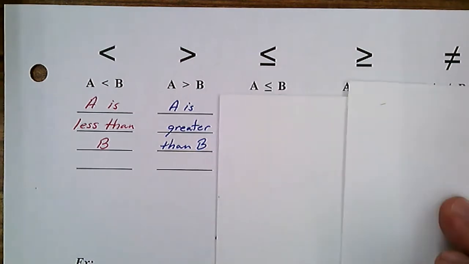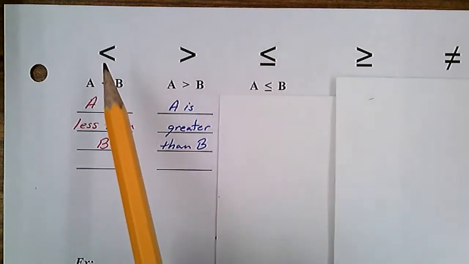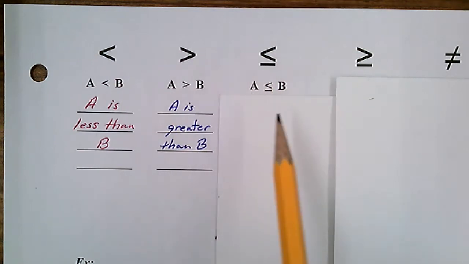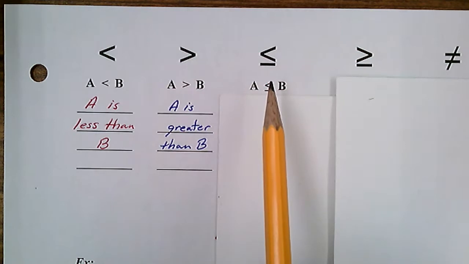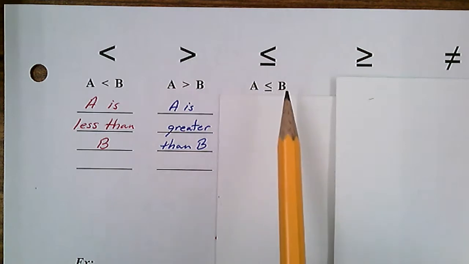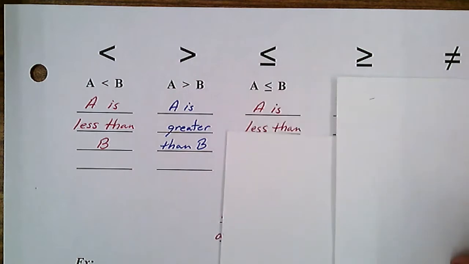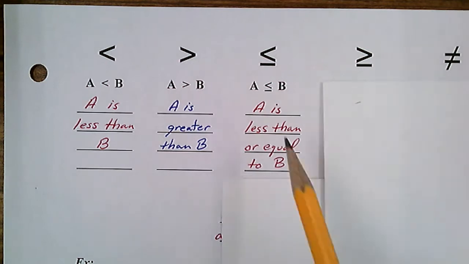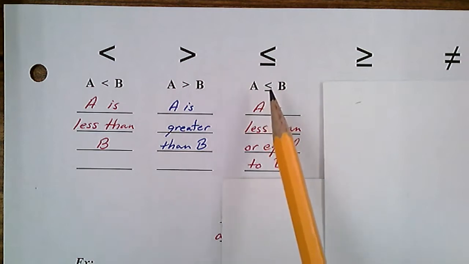On this one, now a little bit different. This one kind of looks like this guy, but we have a little equal sign underneath. So this one's a little bit more sophisticated. We'd say A is less than or equal to B. So it could be less or it could be equal. This is a less than or equal.